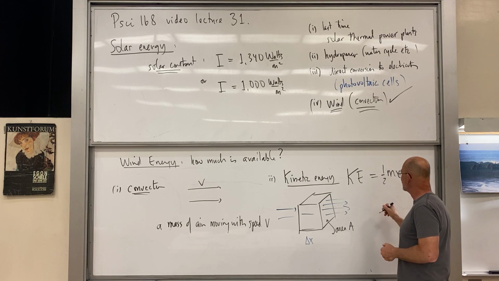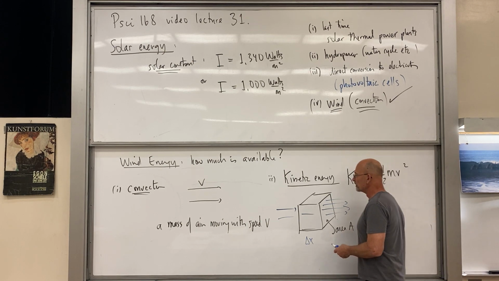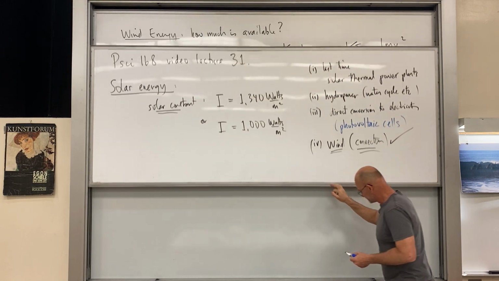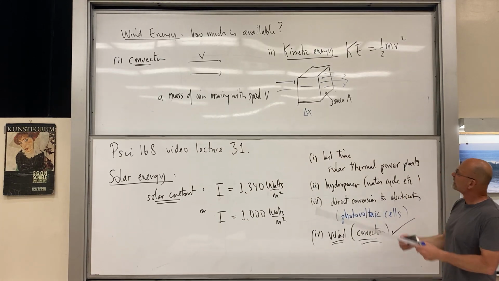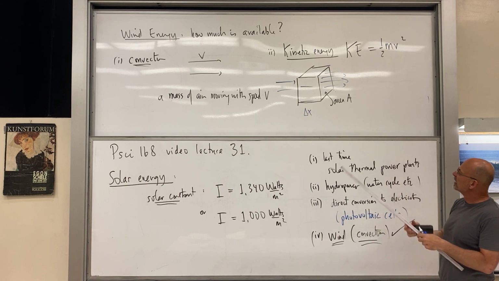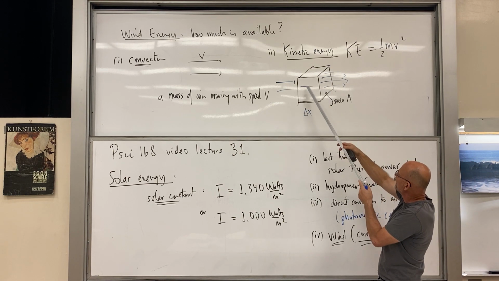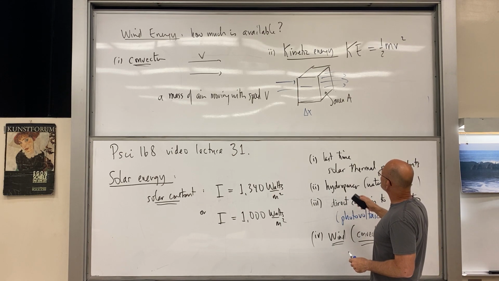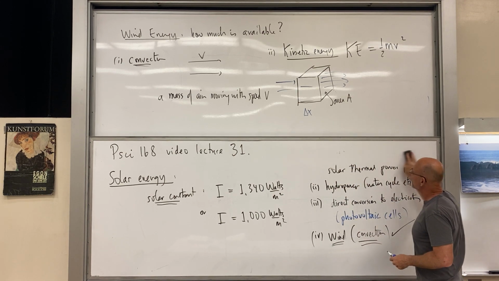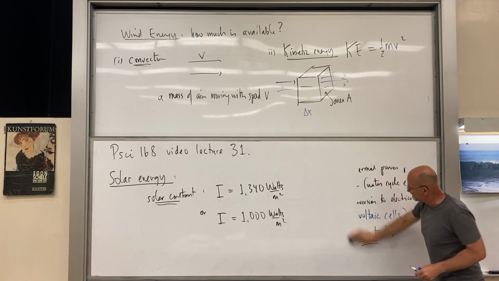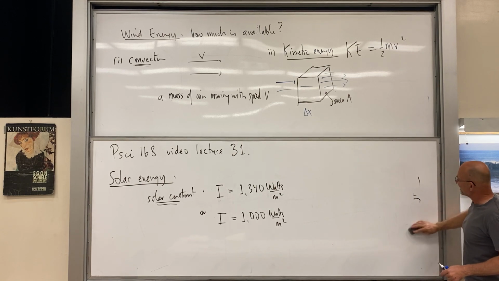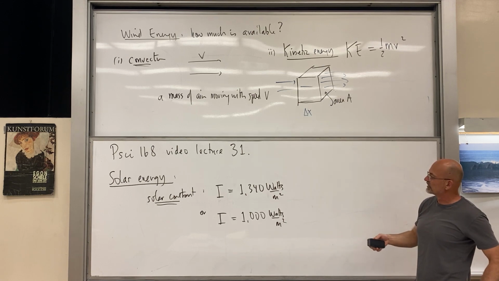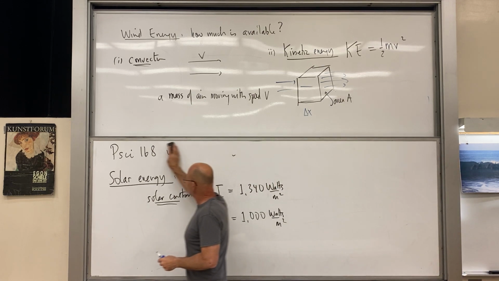So the mass of air is passing through that tunnel there, and we can estimate how much is in there. I just drew a cube. Actually, it doesn't have to be a cube. It has an area and it has a width delta x. So we'll leave it at that.